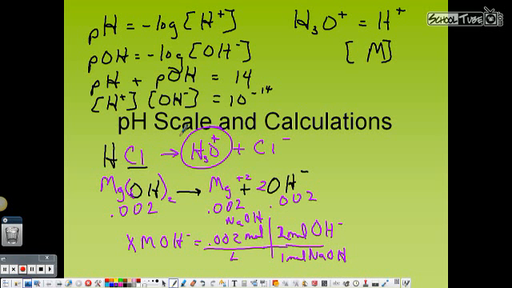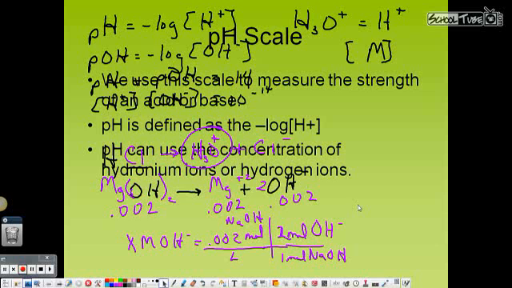Whenever you put H in water, it's attracted to the water molecule and forms H3O positive in solution. All right, so those are your formulas that you need to know. Okay, let's clear this off.